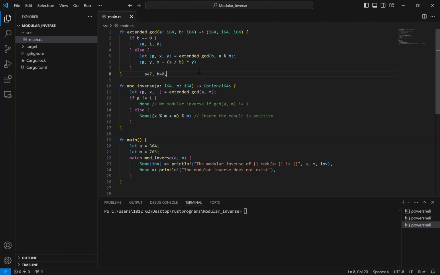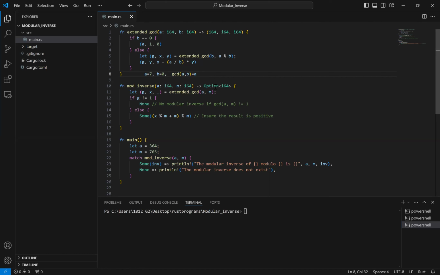So what this means is that the GCD of A and B will be A. So that is what this is saying.